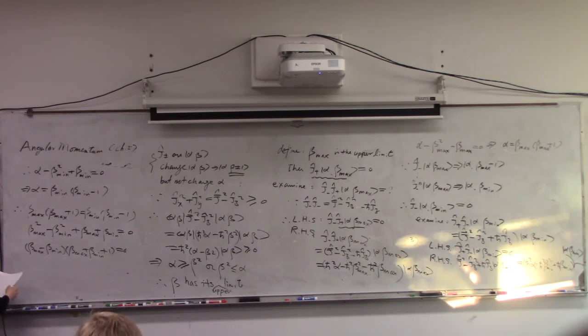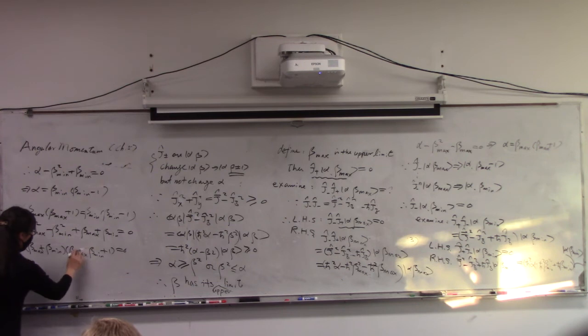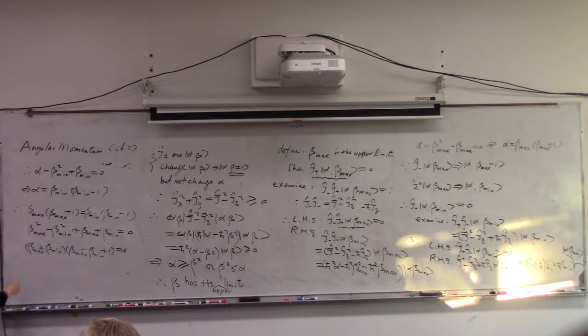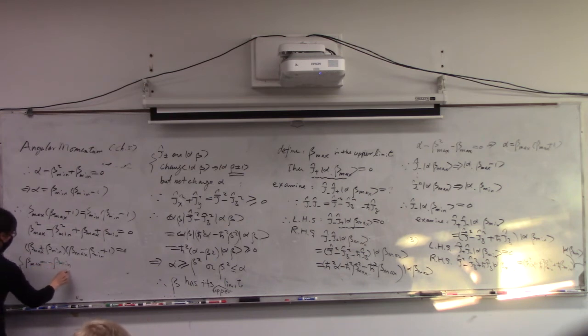Wait a moment. Yeah, plus this plus this plus this is plus. Right? So we have two solutions. Beta maximum equal to negative beta minimum. Another is beta maximum equal to beta minimum minus 1.